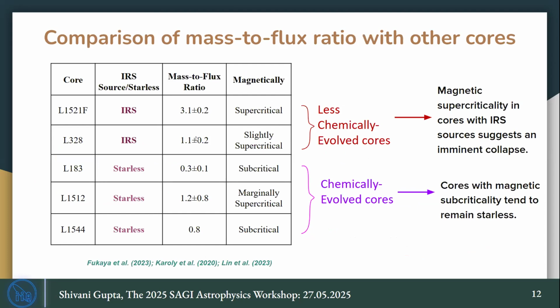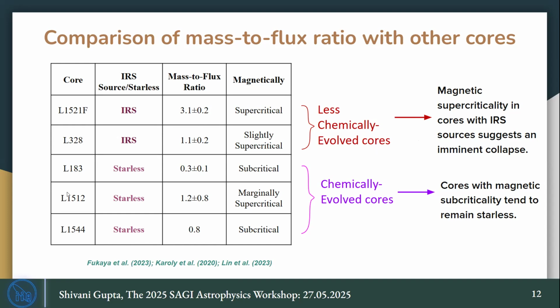Further, we compare these mass-to-flux ratios for the cores L1521F and L328. We see that they have IRS sources, but they are less chemically evolved. So the reason behind this may be their supercriticality, which suggests an imminent collapse.